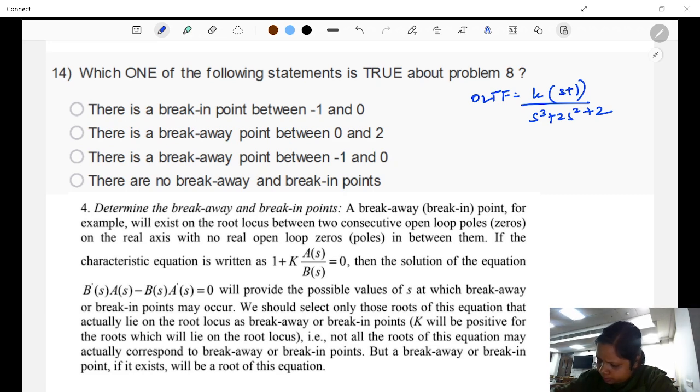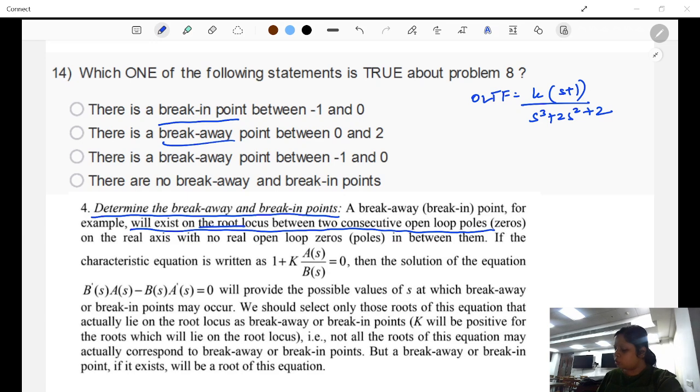Now, here we want to find the break-in and breakaway points. They will exist on the root locus between two consecutive open loop poles or zeros on the real axis with no real open loop zeros between them.